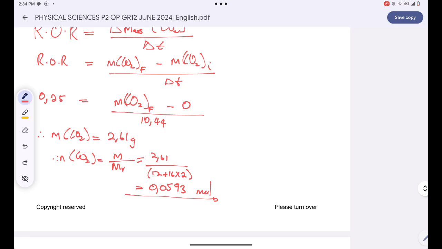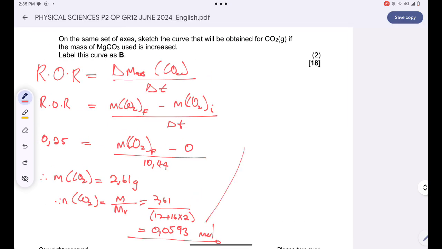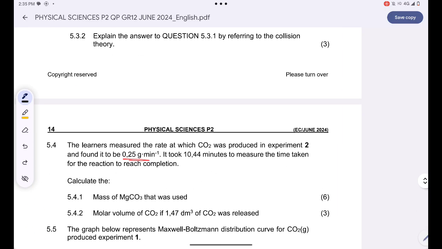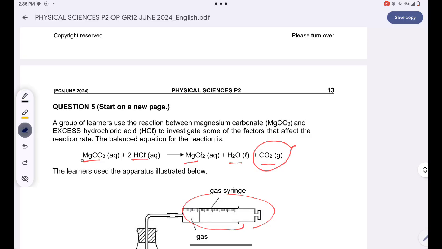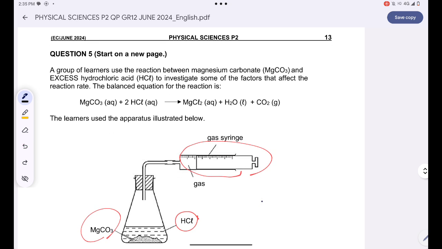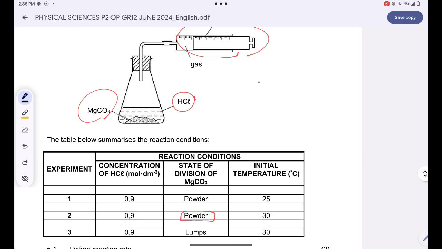So for me to find the number of moles of magnesium carbonate, I'll simply use my ratio and proportion. Remember that, guys, the ratio of magnesium carbonate to carbon dioxide is just 1:1. Since the stoichiometric coefficients are 1 and 1, the ratio is just 1:1.